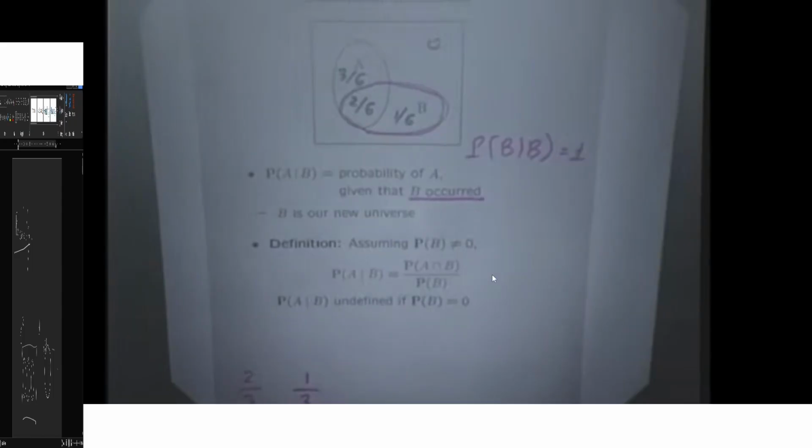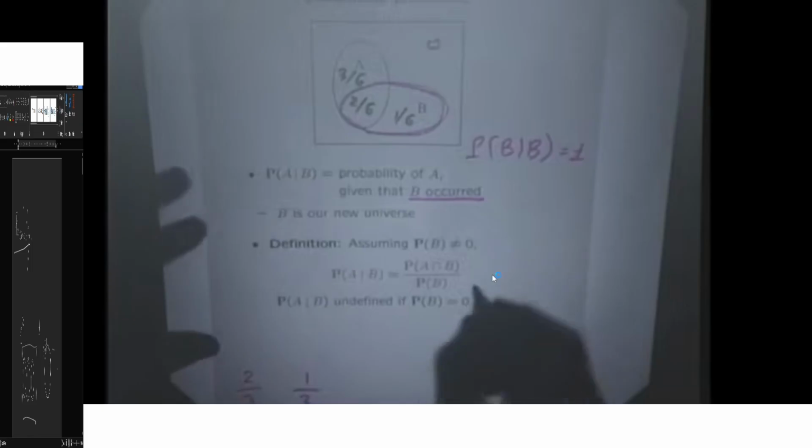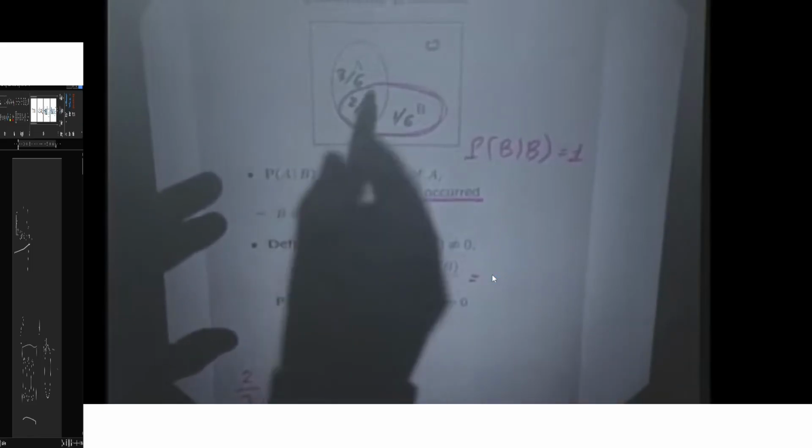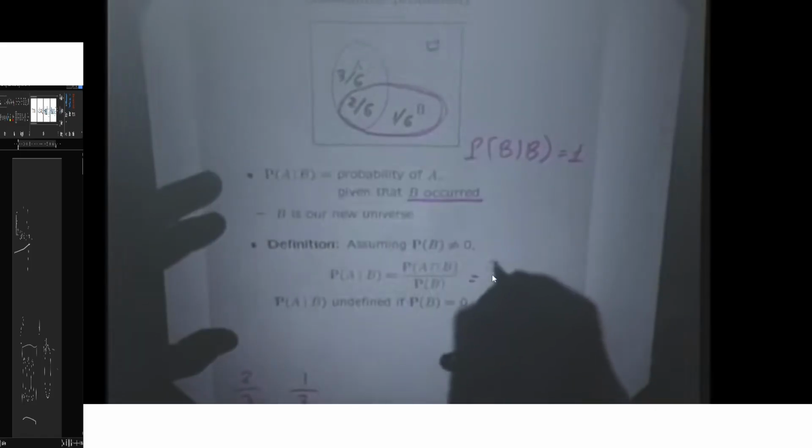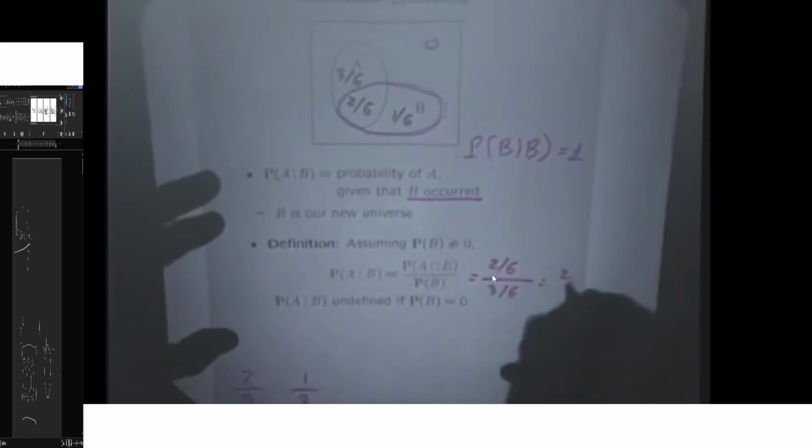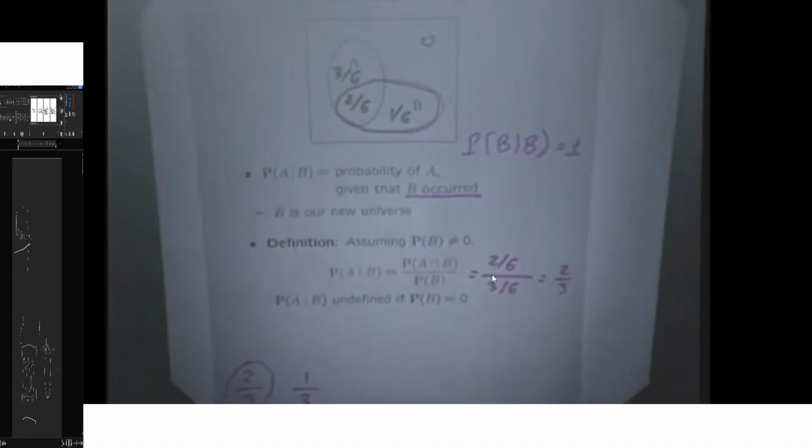Does it give us the same numbers as we got with this heuristic argument? Well, in this example, the probability of A intersection B is 2/6 divided by the total probability of B, which is 3/6. And so it's 2/3, which agrees with the answer that we got before. So the formula indeed matches what we were trying to do.